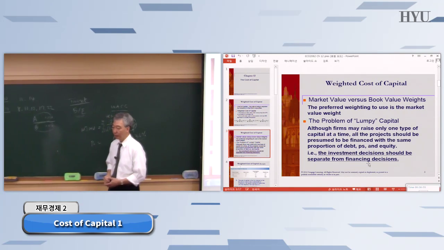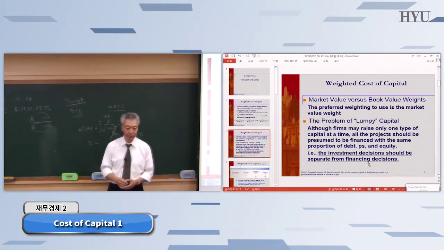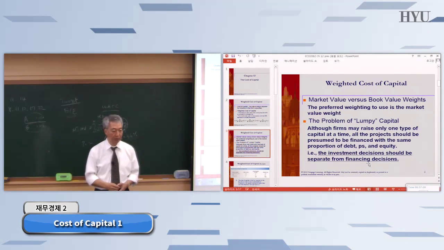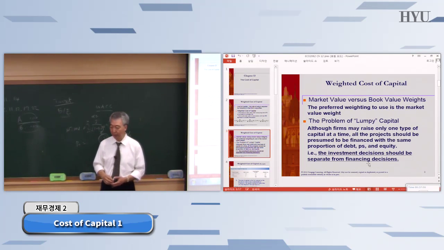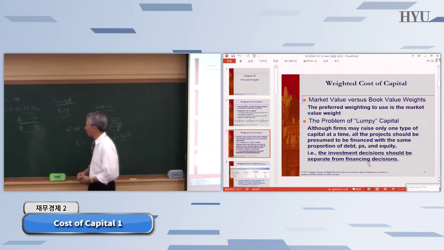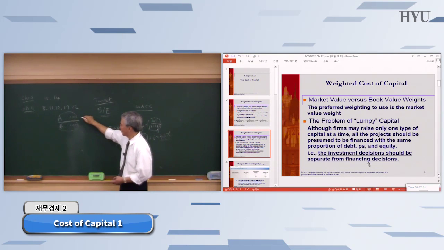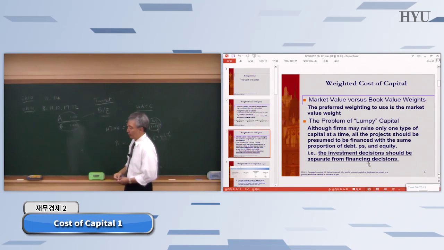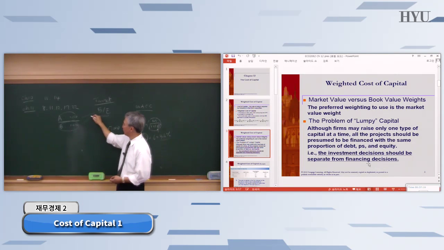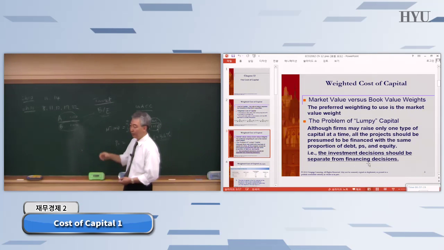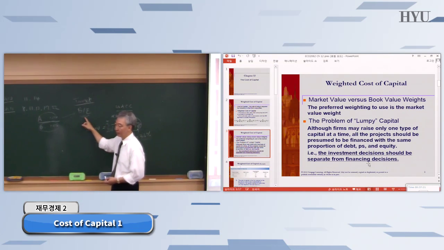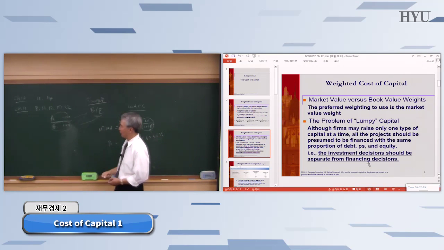So in many senses, it doesn't project a good image to the security analysts in the market. So the company may say, okay, we have raised $100 million in debt. If we raise another $100 million in debt, then we're going to get off the target debt equity ratio by too much. So unfortunately, we have to raise the next $100 million using equity.